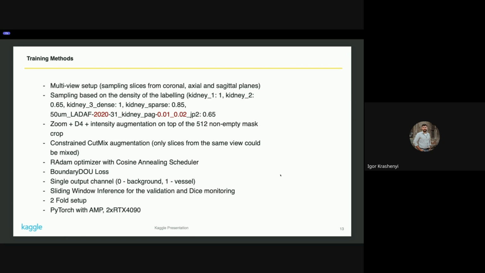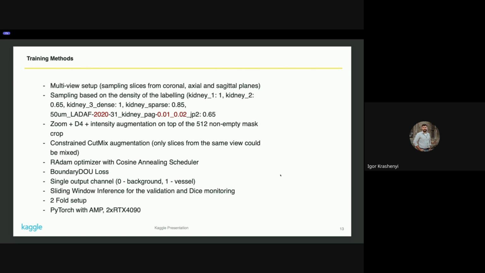So if I'm sampling, let's say, from the kidney 1 coronal axis, the crop that I insert inside would also be from the coronal axis from kidney 1. This worked pretty well.